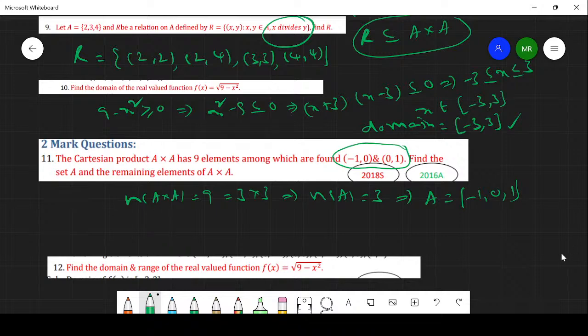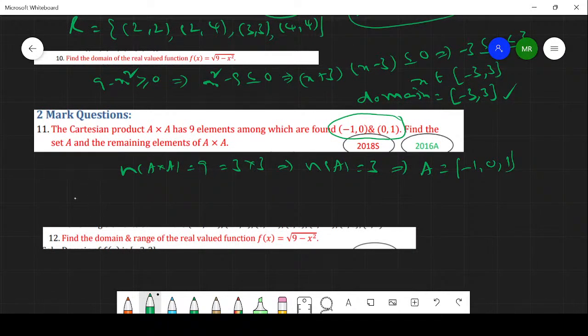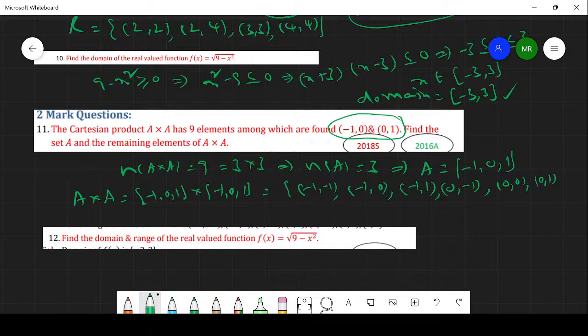They are asking for the remaining elements of A cross A. First you write A cross A, then write the remaining elements. When you write A cross A, you write minus 1, 0, 1 cross minus 1, 0, 1. You write all the elements: minus 1, minus 1; minus 1, 0; minus 1, 1; 0, minus 1; 0, 0; 0, 1; then 1 comma minus 1, 1 comma 0 and 1 comma 1.